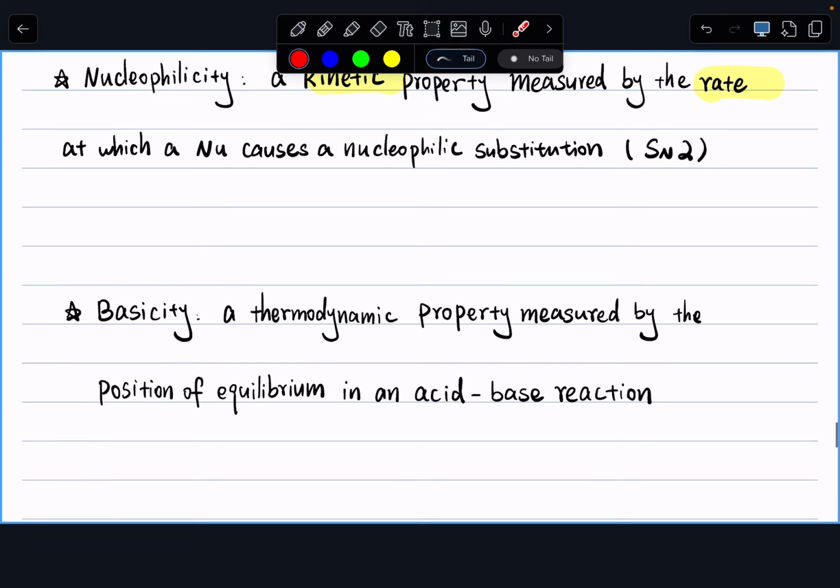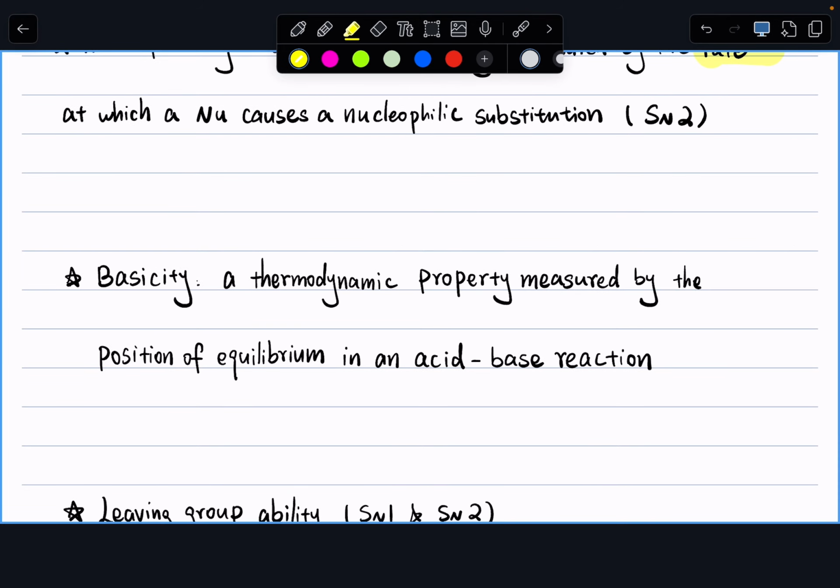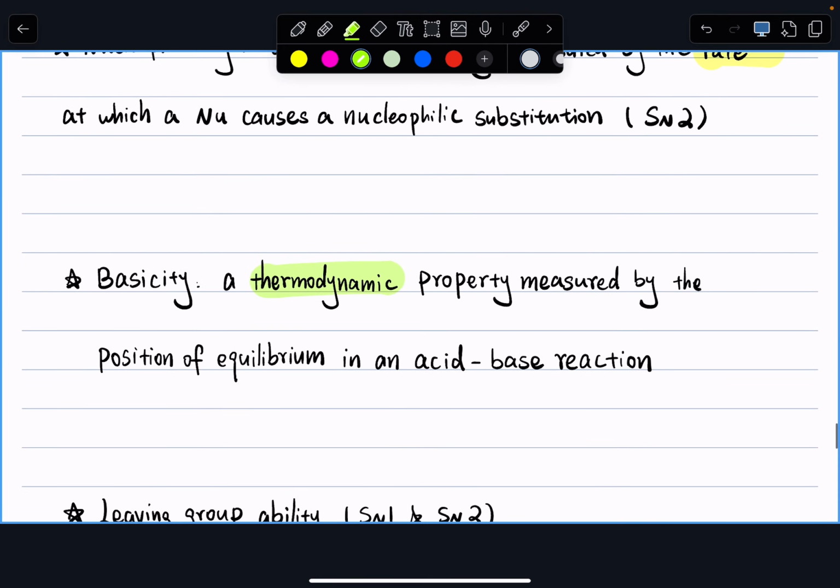Alternatively, when we're talking about basicity, we're talking about a thermodynamic property that tells us the position of the equilibrium in a Bronsted acid-base reaction. In the Bronsted acid-base reaction, you have a base and a general acid, HA, and your base grabs a proton and forms your conjugate acid and base.